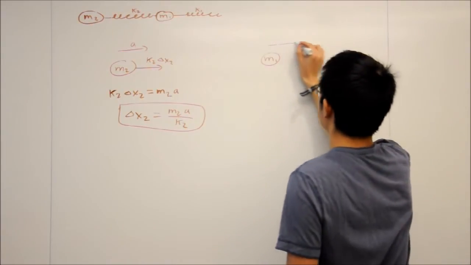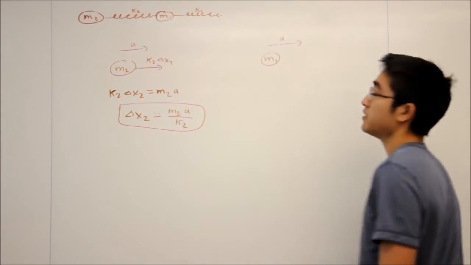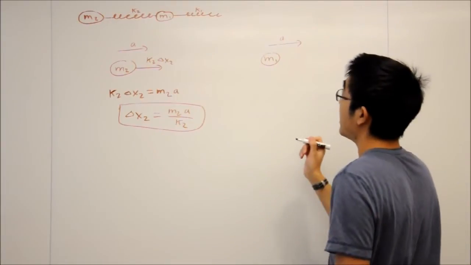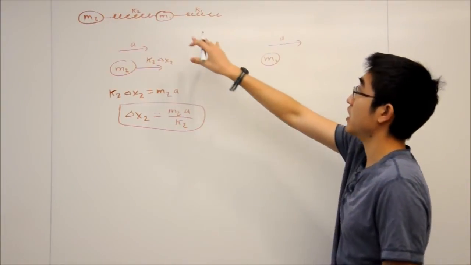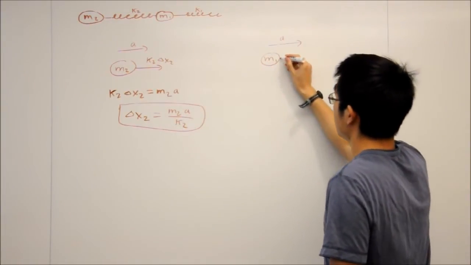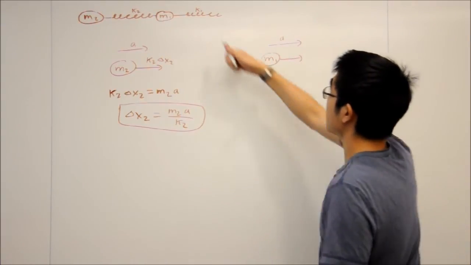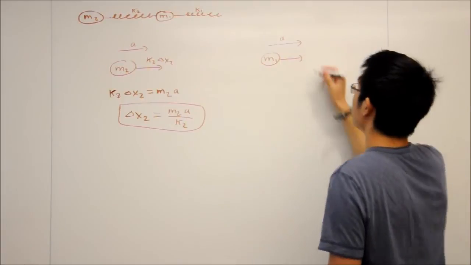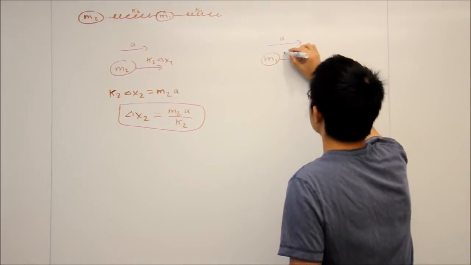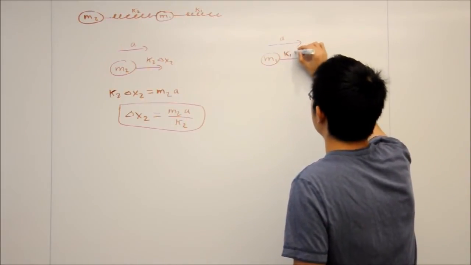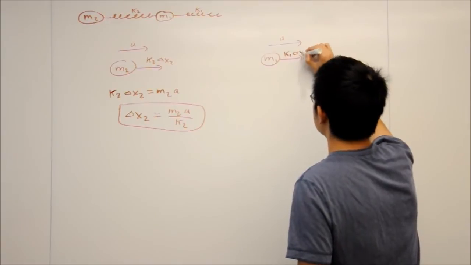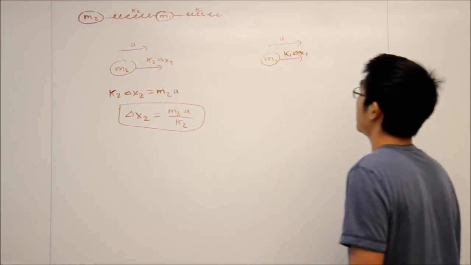So it's also accelerating to the right with acceleration A. Now, in this case, we've got two forces acting on it. One in the direction of acceleration, which is from spring 1. So that is just K1 delta X1 by Hooke's law.